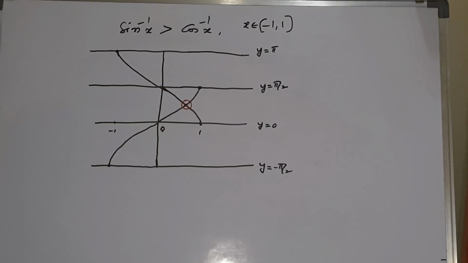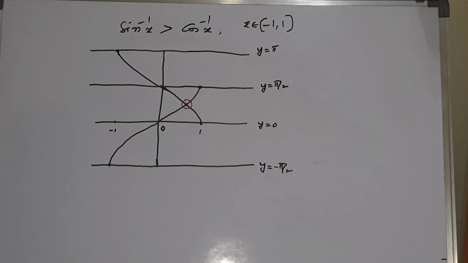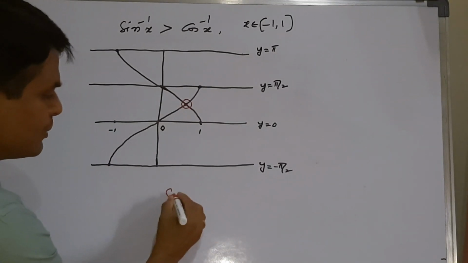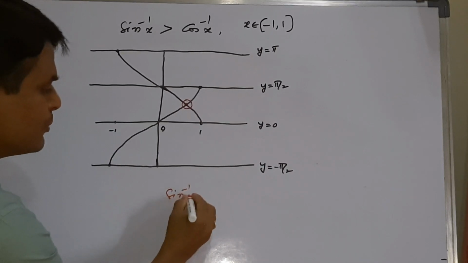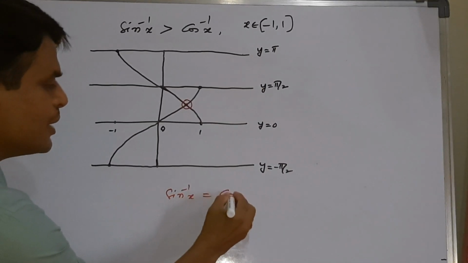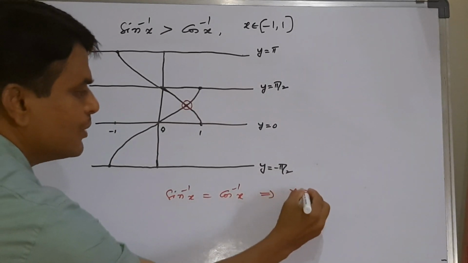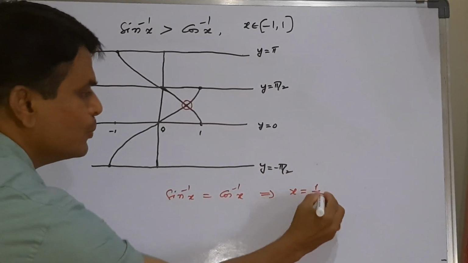So sin inverse x and cos inverse x are equal, and we know that sin pi by 4 value is 1 by root 2. So sin inverse x and cos inverse x, they will be equal for what value of x? Sin inverse x is equal to cos inverse x. That implies x is equal to 1 by root 2.